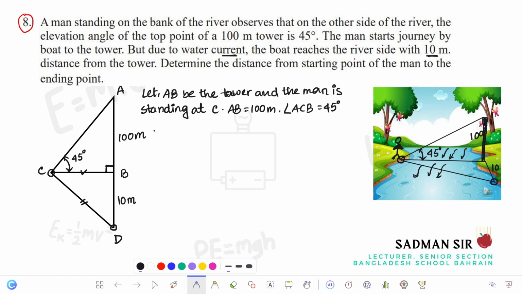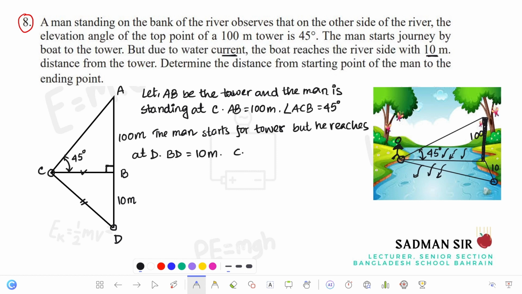Then the man starts for the tower, but we know that he doesn't reach the tower which is at B, rather he reaches at D. So from B to D, that is equal to 10 meter. This is our given information, we listed it up. So we need to find out CD, because C is the starting point, D is the ending point of the man's journey.